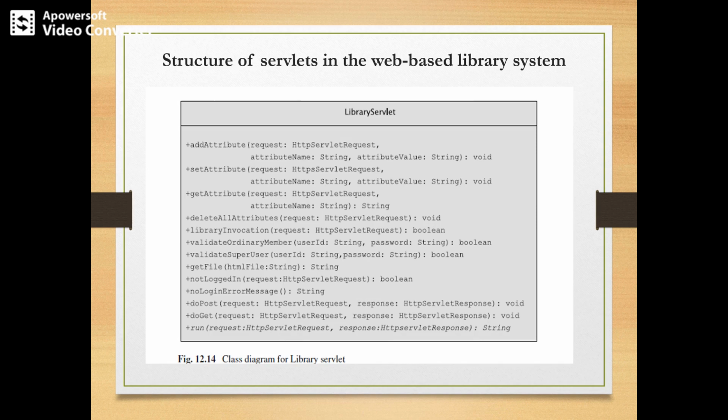This is the class diagram of the complete system. At the top row is the class LibraryServlet, and all the methods: add attribute, request HTTP, set attribute and get attribute, delete attribute, library invocation, valid ordinary member, super user, validate super user, get file, not logged in, no login error message, doPost, doGet and run.